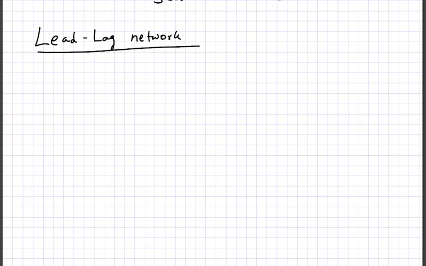Just a brief introduction about the lead lag network. It is, as the name says, lead lag. A lead lag network basically consists of a series and parallel combination of RC circuits. For alternating current, a capacitor is like a pass.